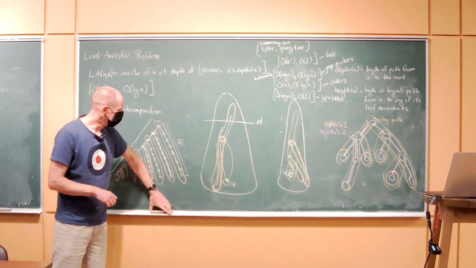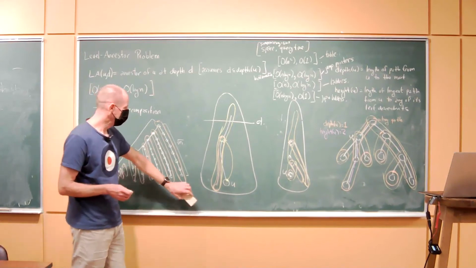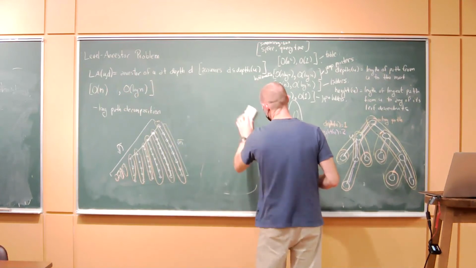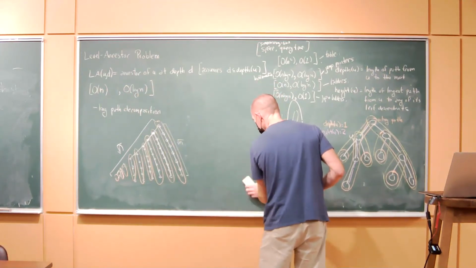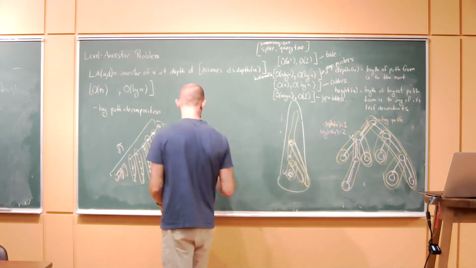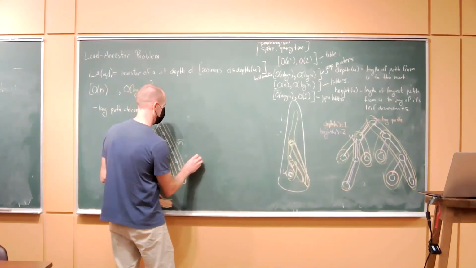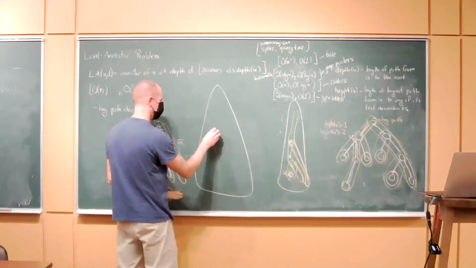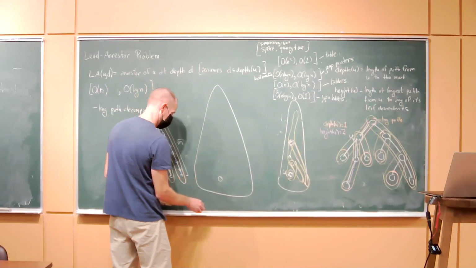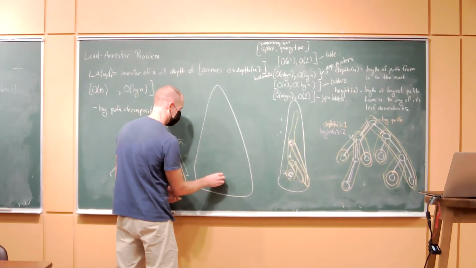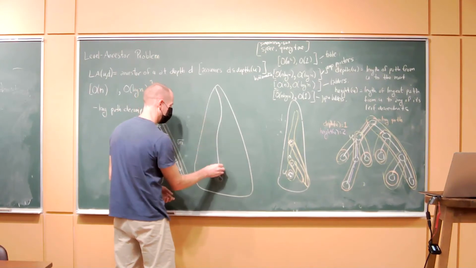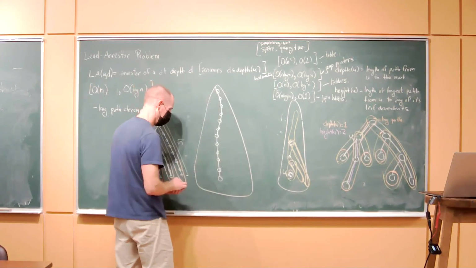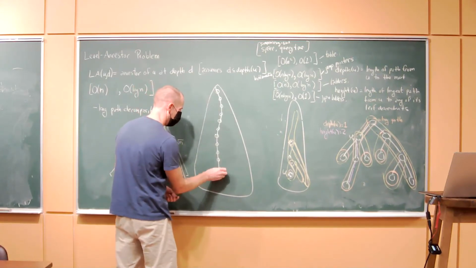So a few little things to notice. Let's look at this jump pointer algorithm. If I look at node U, it's got a path up to the root, and it has all these jump pointers.